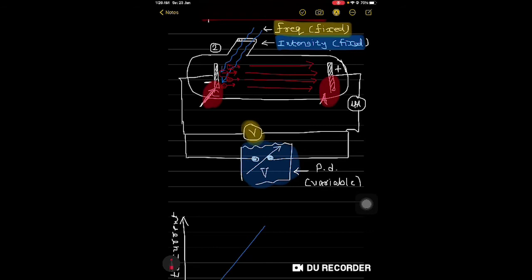The interpretation of the observation in terms of photoelectrons is straightforward. All the photoelectrons emitted from the metal do not have the same energy.